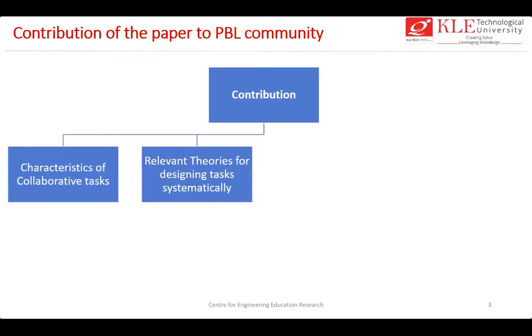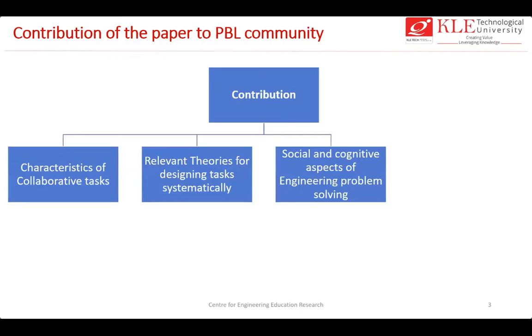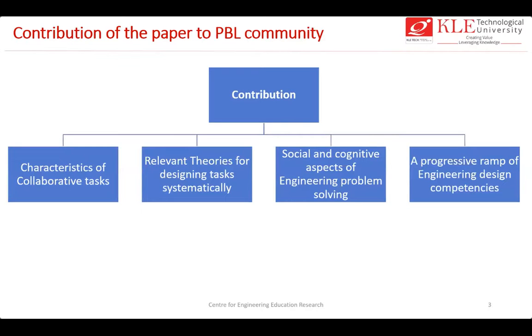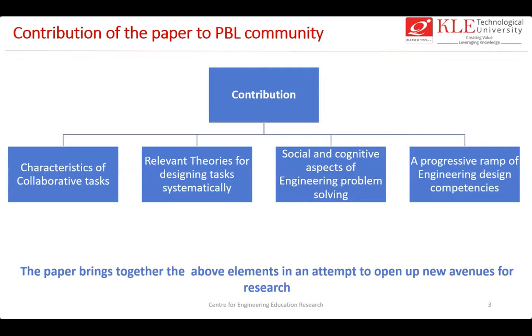Explore the principles of task design, that is, evidence-based design, and apply them to design tasks that develop both social and cognitive skills. Finally, we propose the need for a progressive ramp of these competencies across the 4 years.